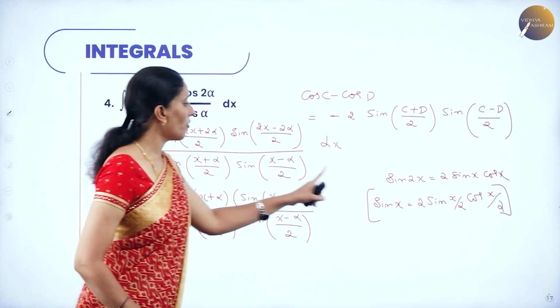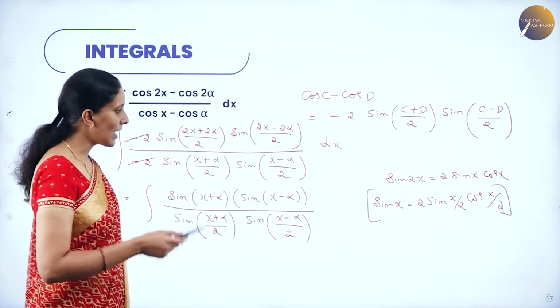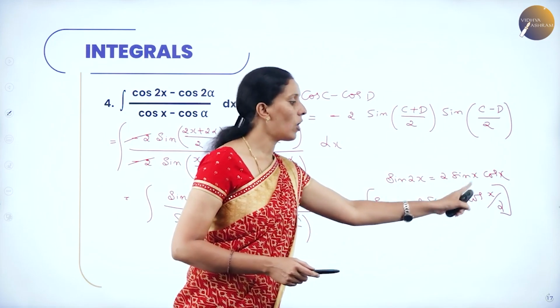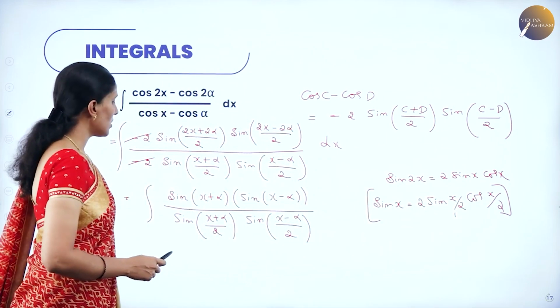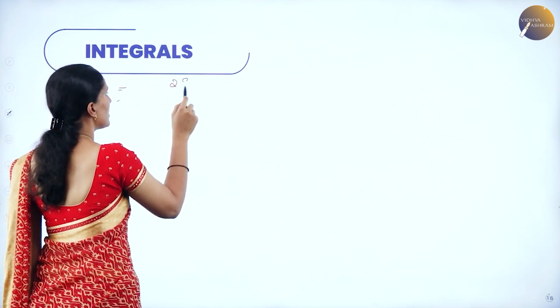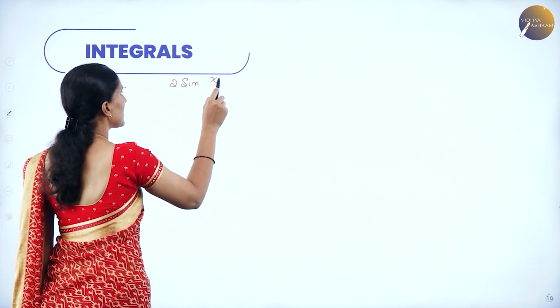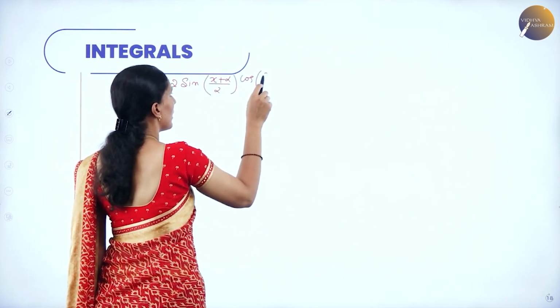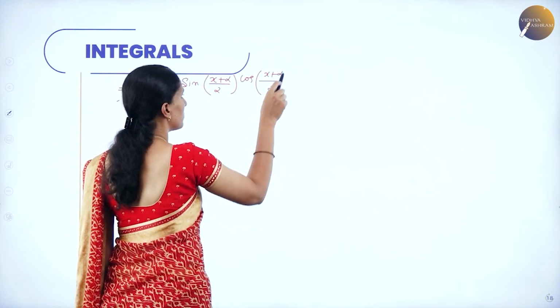So in the place of x, you have x plus alpha, so that it becomes 2 sin (x plus alpha) by 2 cos (x plus alpha) by 2.